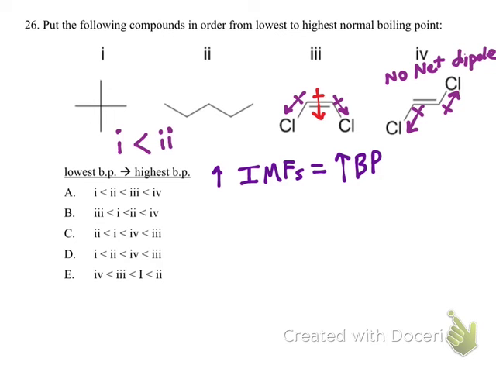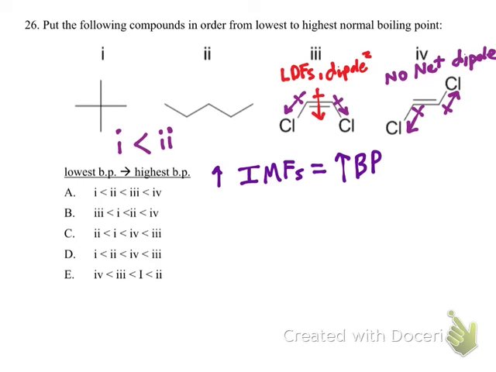So not only does this molecule have our friend London dispersion forces, it also has dipole-dipole interactions available as well, which means that between molecule 3 and molecule 4, let's write it down here.